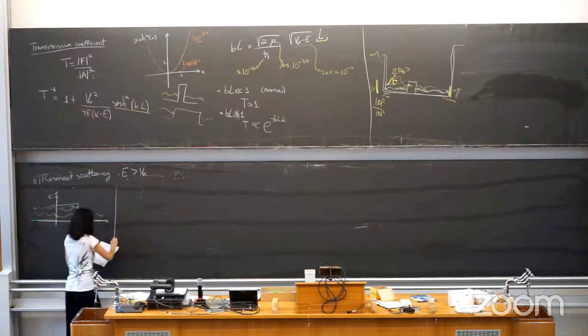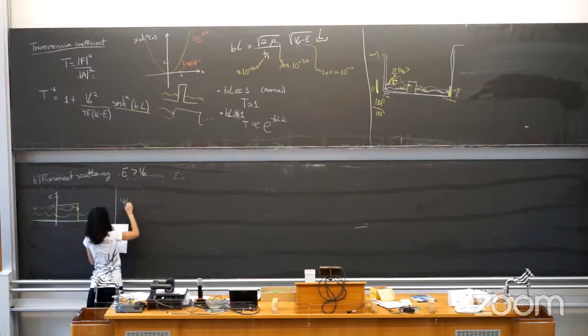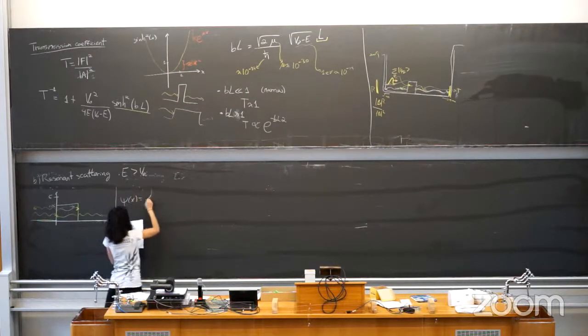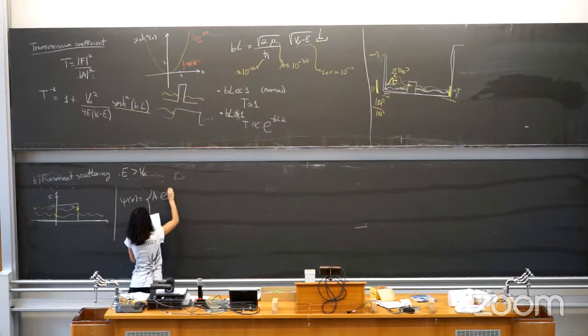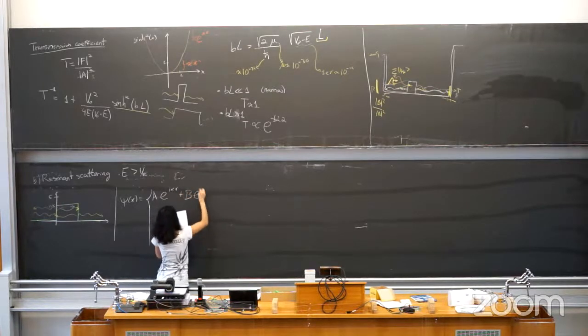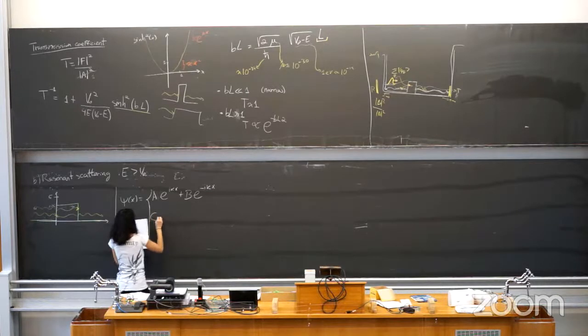General case, X, which is A e to the i k x, must be E minus V. I'm just going to call the K in the middle K prime.